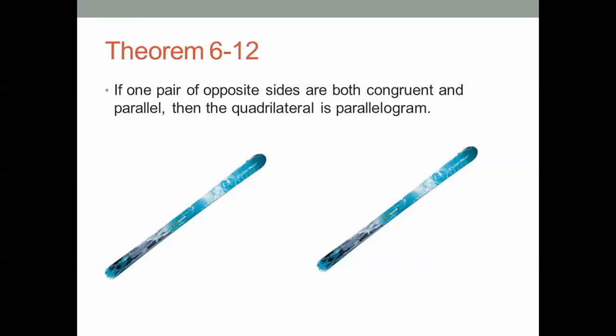Imagine for a second that they're parallel, which they are. All right? Well, I can connect the tips and the tails of the ski, and now look, this is a parallelogram. Given that the skis are the same length and that they're parallel, we know that if we connected the tips and tails, those sides would also be parallel and congruent.